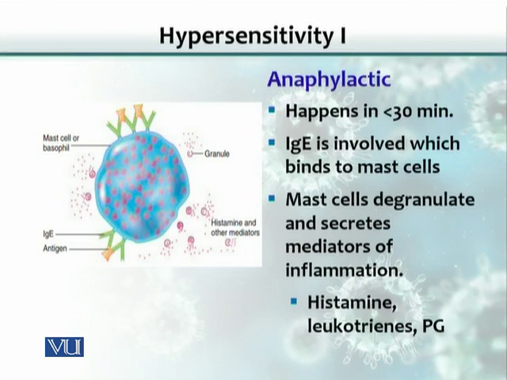Now, if you look at the nature of anaphylaxis, what happens in the background is that IgE, a kind of immunoglobulin, is involved. There are 5 classes of immunoglobulin we talked about earlier: IgG, IgM, IgD, IgA, and IgE. In anaphylaxis, which is type 1 hypersensitivity, IgE is synthesized against the allergen, and these antibodies bind to mast cells after the first exposure to the antigen or allergen.